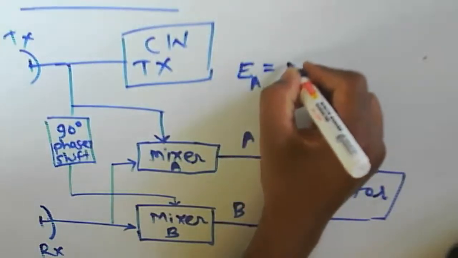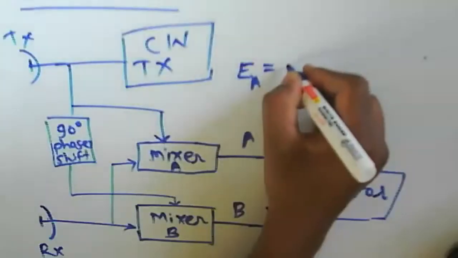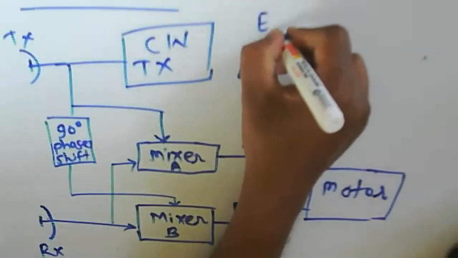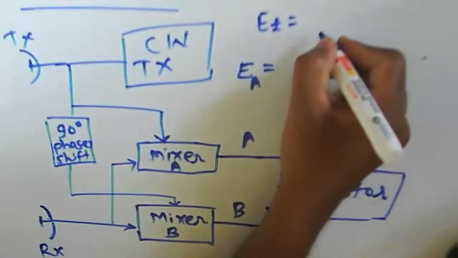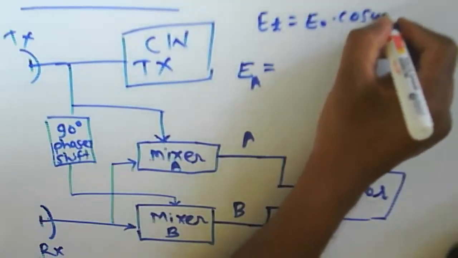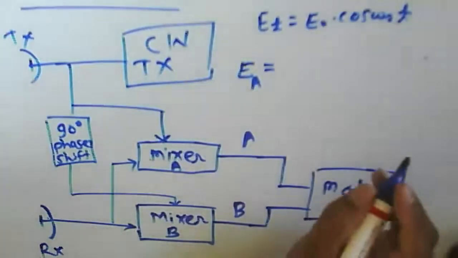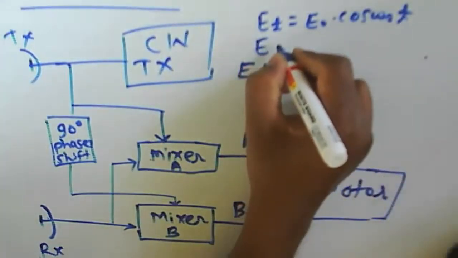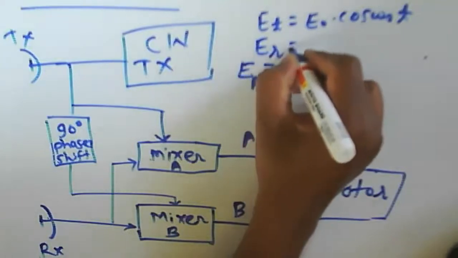What will it be? For example, we say that the transmitted signal is supposed to be ET here, and that will be E0 cos of omega 0 t. That is about the transmitted. And then the echo signal is to be what? Echo signal will be what, at receiver one?